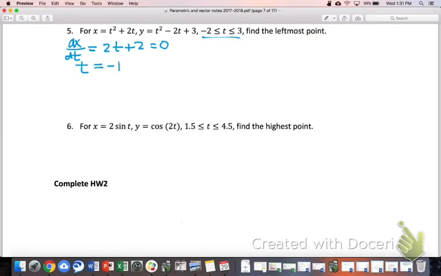All right, so this is a likely candidate. It is actually in our domain for time, so this could be it. But let's double check and make sure that dy dt doesn't equal 0 there as well. So dy dt is this. And dy dt evaluated at -1, is it 0?